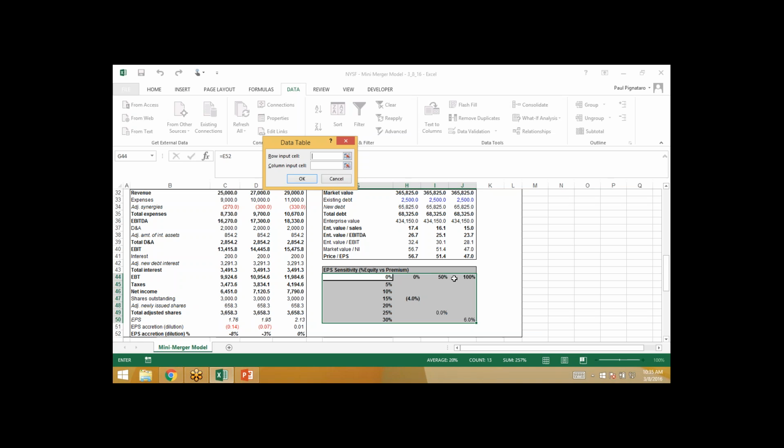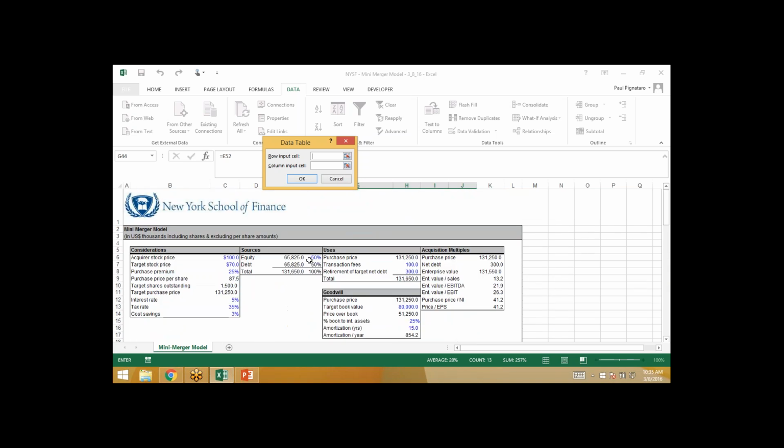So you've got to be careful. When you're running a two-variable data table, you need to be sure that when it changes that variable, it actually changes the answer. Otherwise, it won't work. So to change the equity percentage, you have to go to F6. It's the row input cell.